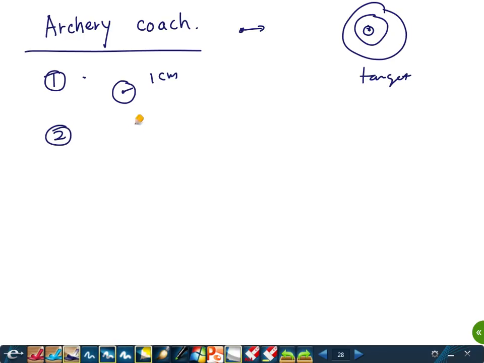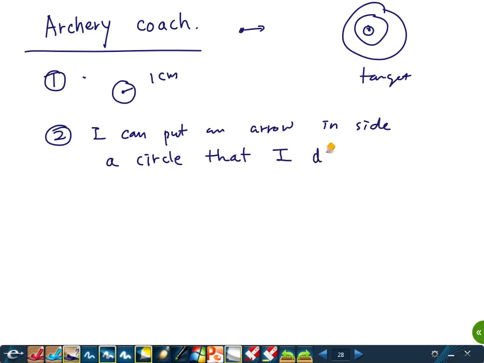The second person says, okay, I can shoot an arrow inside a circle that I draw.